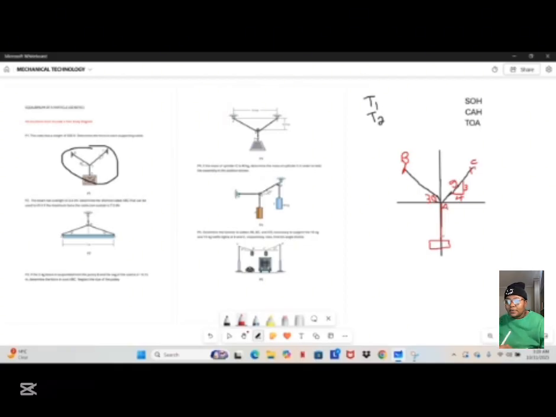Here it's C, and at the starting point it's A, and then we have D here. And we're going to have T3. So we have T1, T2, and T3.